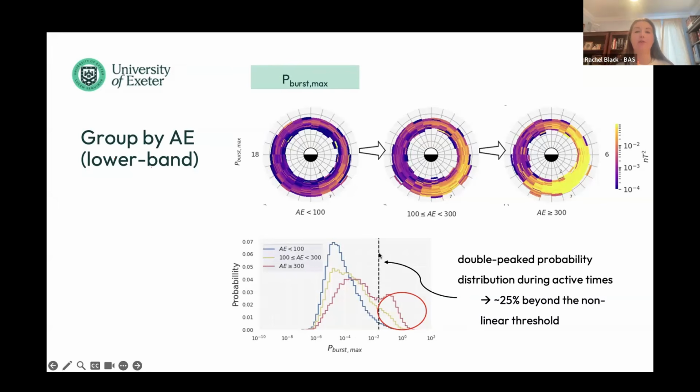And overplotted on top of these with this dashed vertical line is the nonlinear threshold. And you can see that the second peak for these active conditions is beyond this nonlinear threshold. And in fact, over 25% of our chorus waves identified within active conditions had maximum powers beyond this threshold.